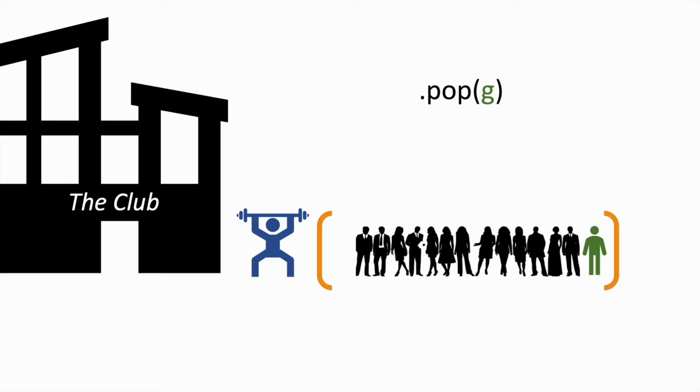Now let's look at pop. And in this scenario, guy in green is at the end of the line. He knows it's going to be a while before he gets in the club. So he decides to pull out a bottle of, and this is key here, Popov vodka, which is a real kind of cheap vodka.